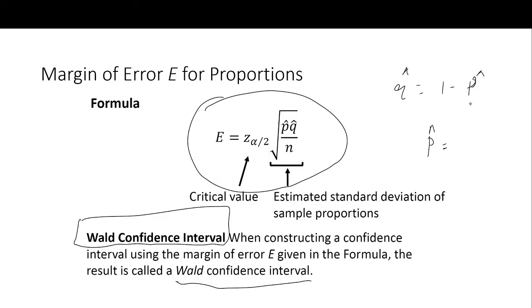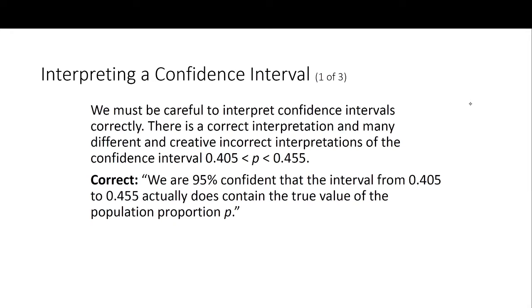Before we do that, let's interpret a confidence interval. There is a correct interpretation and many different and creative incorrect interpretations of the confidence interval. So for example, let's say this is our confidence interval.